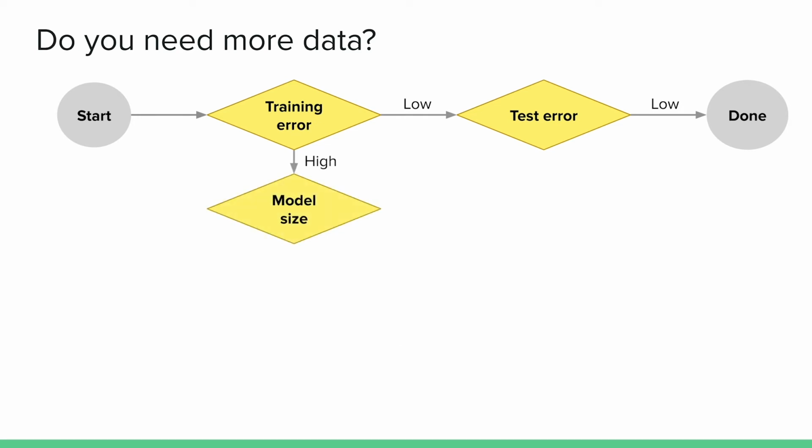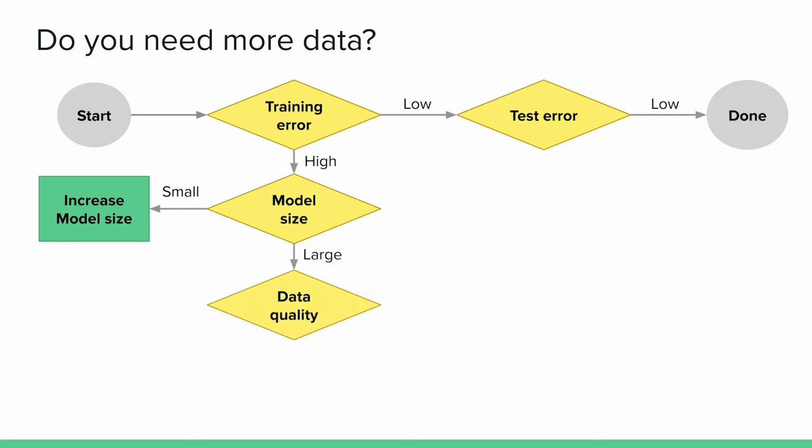If the training error is high after training, if it can't get to a low training error, our network has some issues. It's probably not powerful enough. So if the model size is too small, you should increase it, add more layers, make it deeper, or increase the resolution.